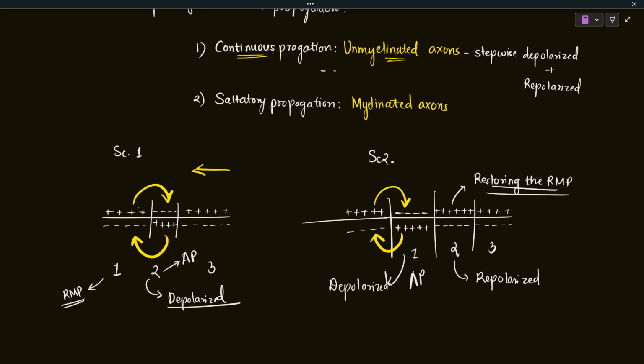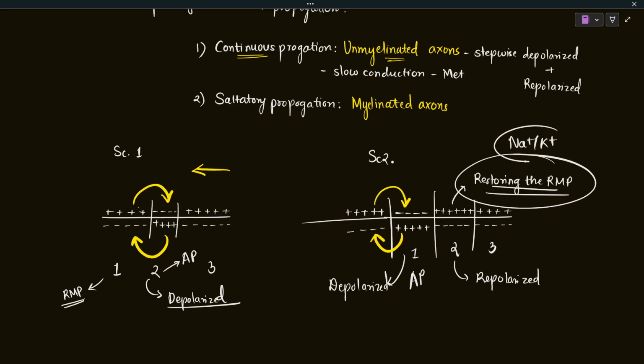That is why the conduction of the signal will be slow, and it will be metabolically expensive as well. While restoring the resting membrane potential, you need to activate the sodium potassium ATPase pump, and when a stimulus arises, you open those ion channels. So that is why it will be metabolically expensive.